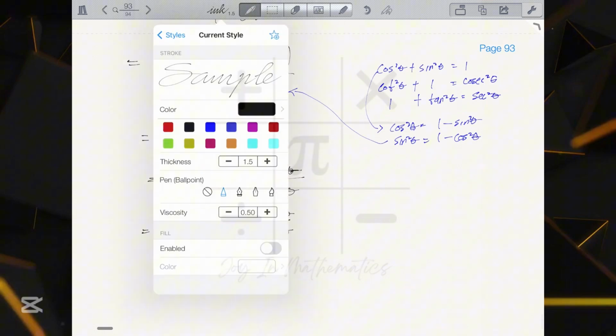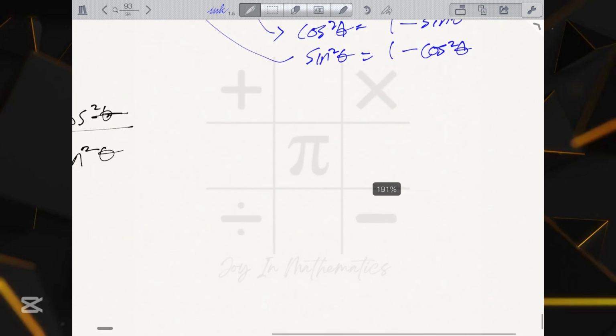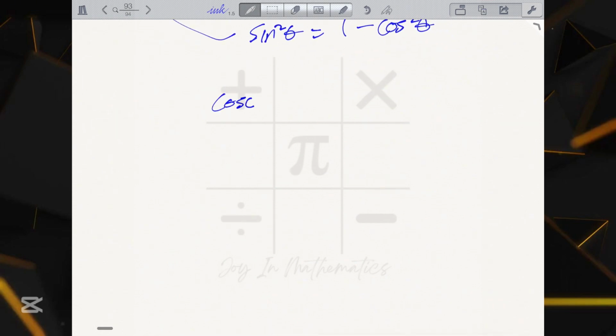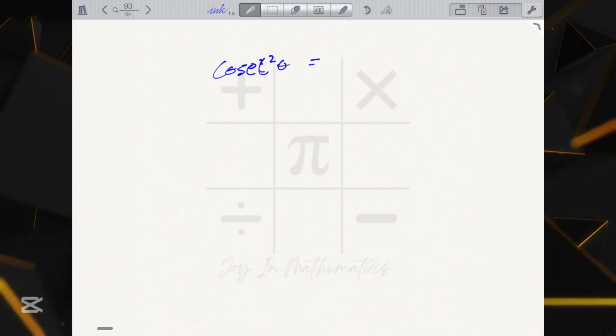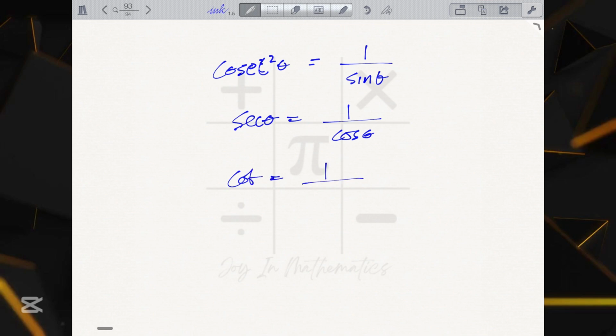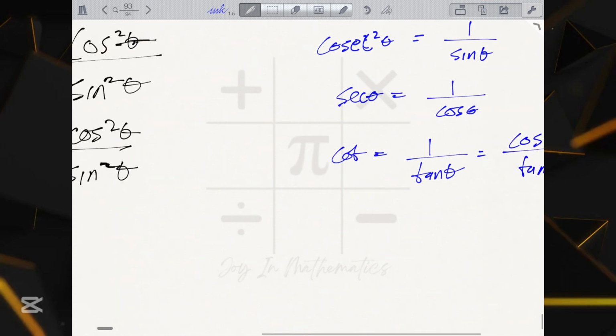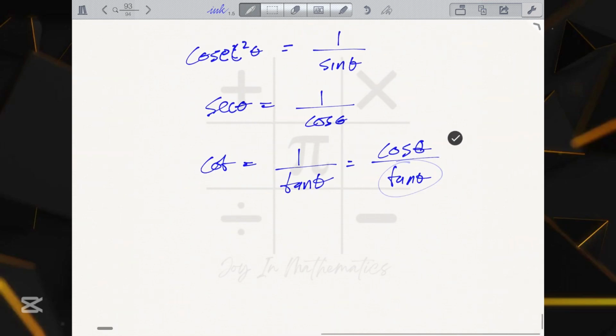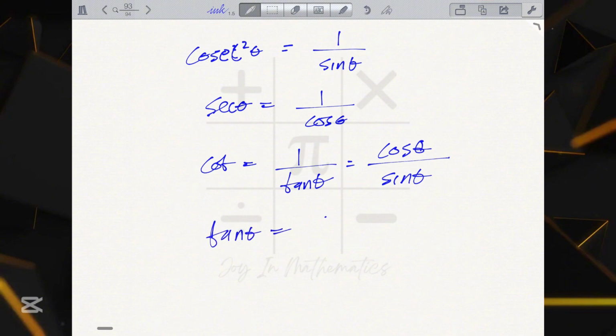Likewise, let's remind ourselves of the reciprocal trigonometric identities: cosec theta is equal to 1 over sine theta, sec theta is equal to 1 over cos theta, cot theta is equal to 1 over tan theta, which is equivalent to cos theta divided by sine theta, and tan theta is equal to sine theta divided by cos theta.